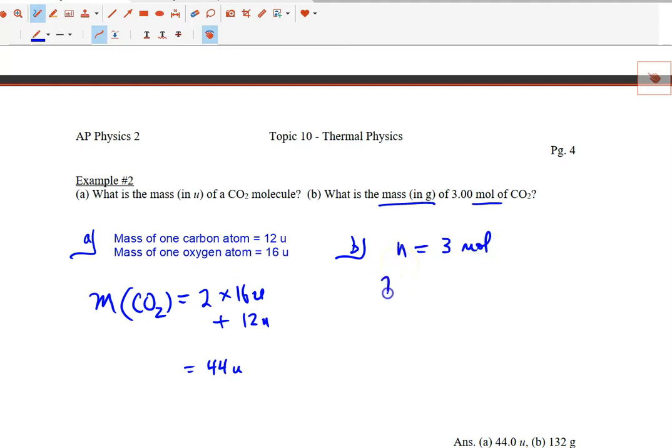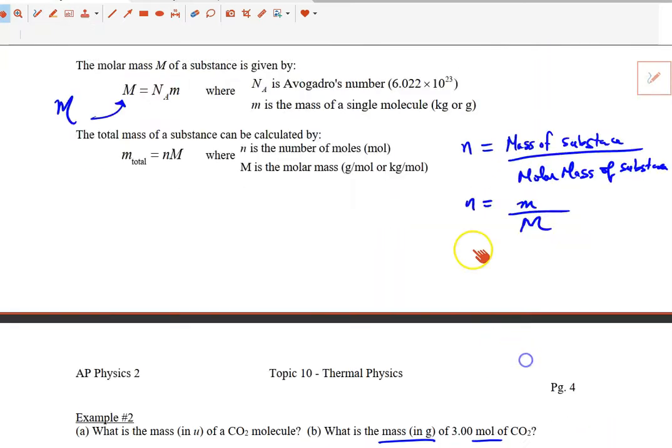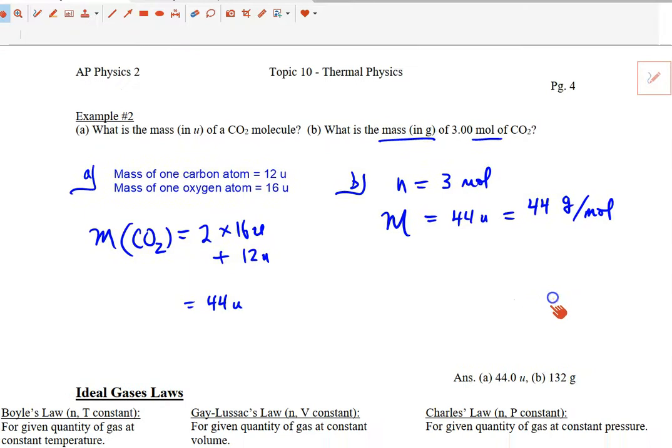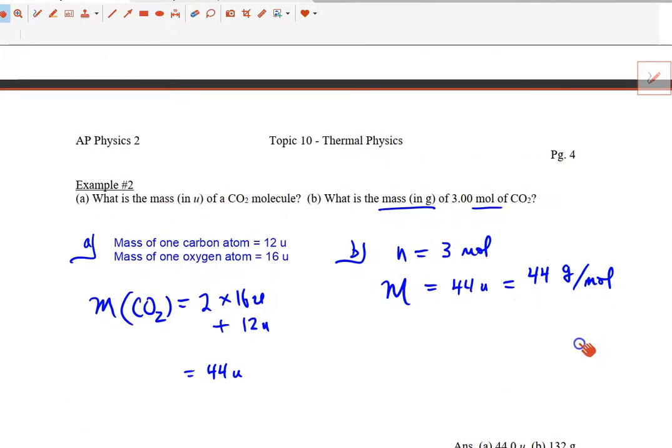We also know the molecular mass is 44 u, or you could write it as 44 grams per mole. Honestly, I don't remember this particular formula. I'd rather solve it using dimensional analysis, looking at units.